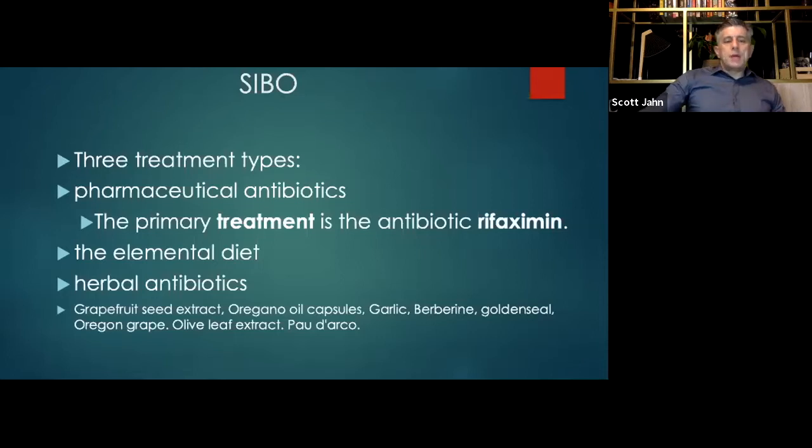And then the third option is a holistic option using herbs, right? Like grapeseed extract, oregano oil, garlic, berberine, goldenseal, Oregon grape, olive leaf extract, and something called Pau D'arco, which is a collection of herbs.